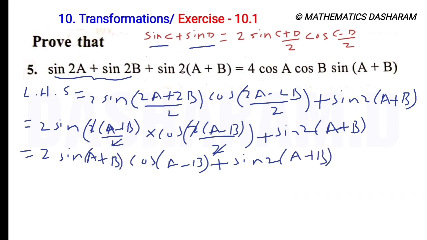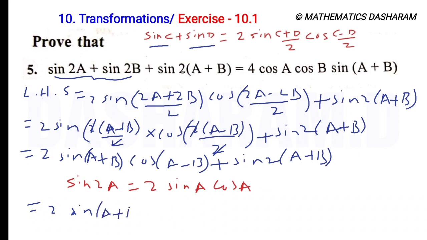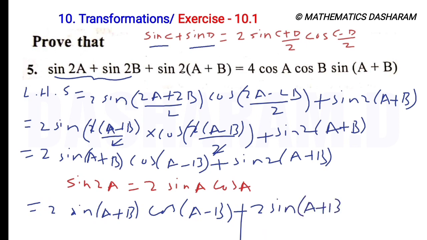So now we have one formula. What is that? The sin 2A formula. Sin 2A equals 2 sin A cos A. So apply the formula: 2 sin(A plus B) into cos(A minus B) plus, here the sin 2A formula gives 2 sin(A plus B) into cos(A plus B).